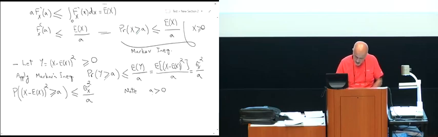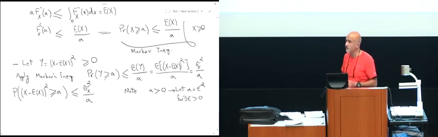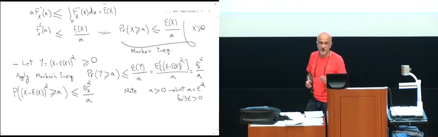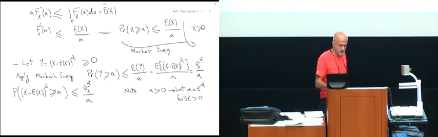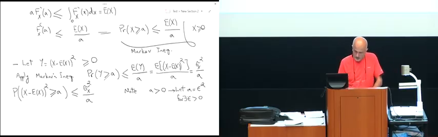Well, if a is positive, then we can let a be the square of some other positive quantity, for some epsilon greater than 0. Okay? That's what I should have done near the end of the lecture. So, any positive quantity can be written as the square of some other positive quantity.